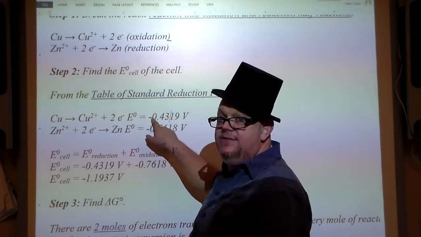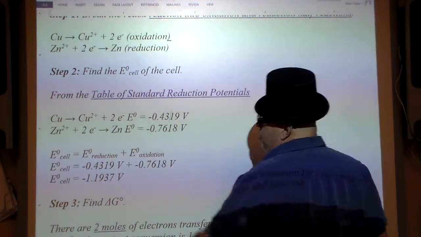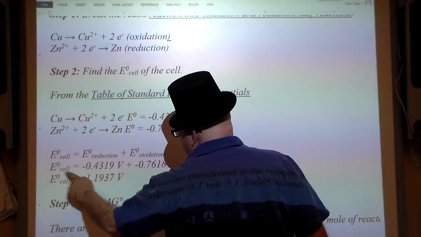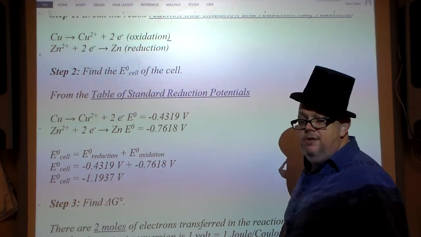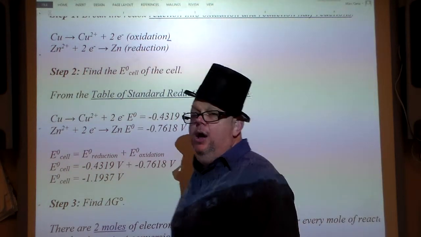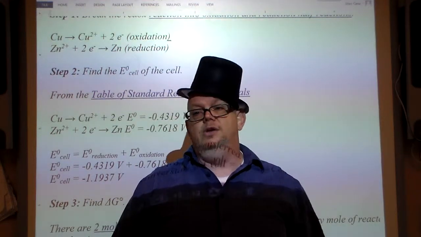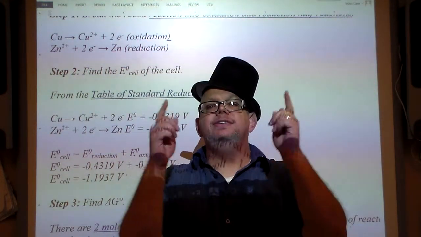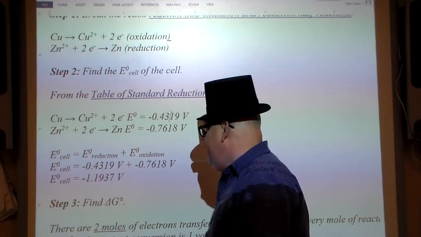That's why it's a negative instead of a positive number if you were to go and look in the book. So you add them together and the entire potential of the cell is almost negative 1.2 volts. Okay, this is not a battery that we're going to power our calculators with. It's not happening because it's not generating electricity. It's negative, remember that. Okay?